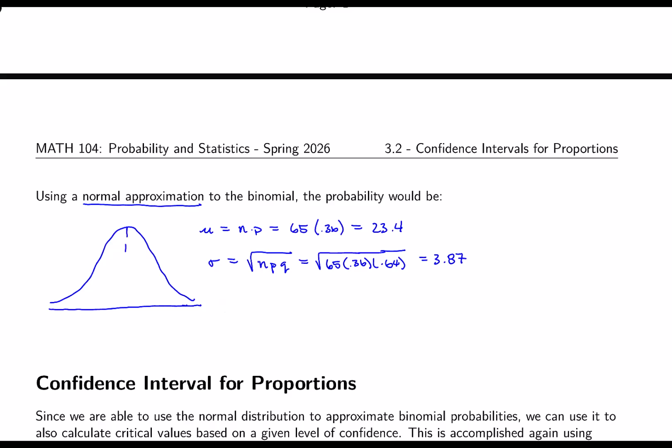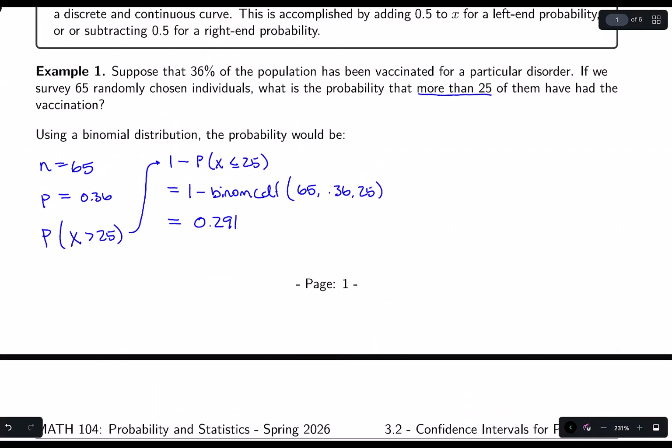All right, so the mean of this distribution would be here in the center, 23.4. And what we're calculating is still the same probability. It's the probability that, let me scroll back up to show you, more than 25 have had the vaccination.